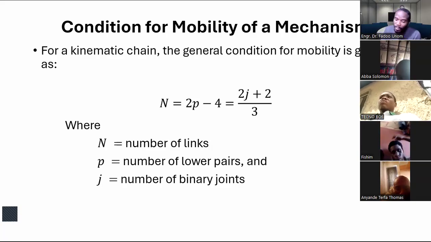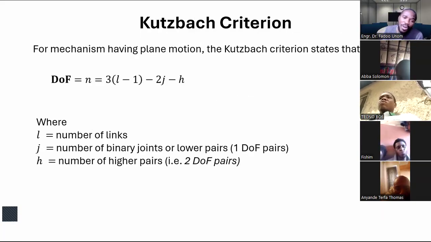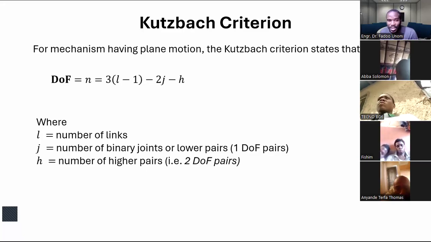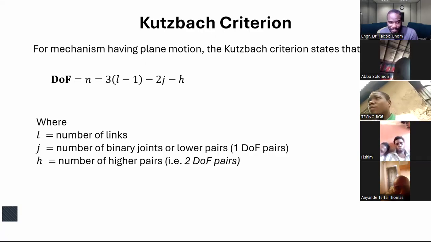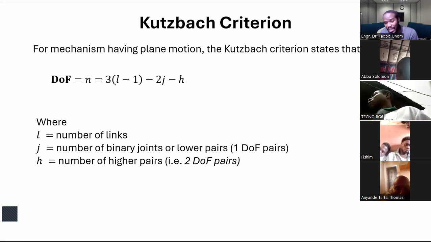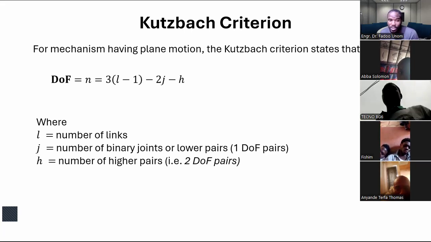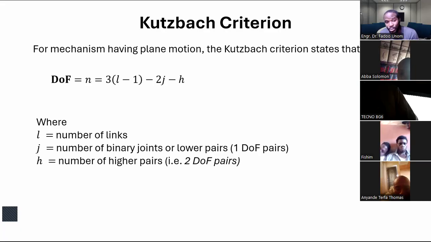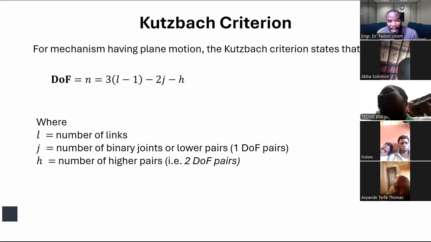Now, there is what we call the Kutzbach criterion. The Kutzbach criterion says that the degree of freedom in a given mechanism, which you can simply call DOF, is given by 3 bracket open L minus 1 bracket close minus 2J minus H. Now, follow me carefully.